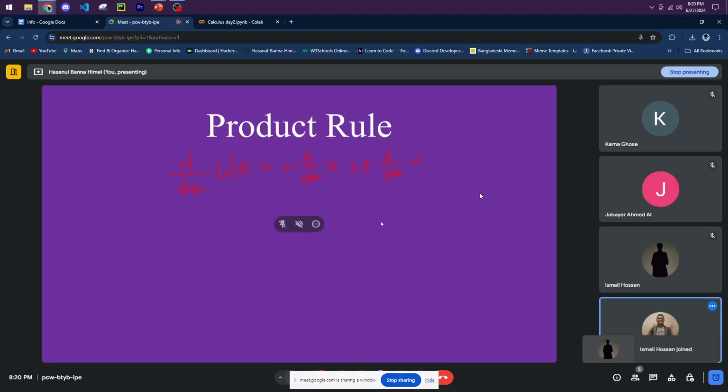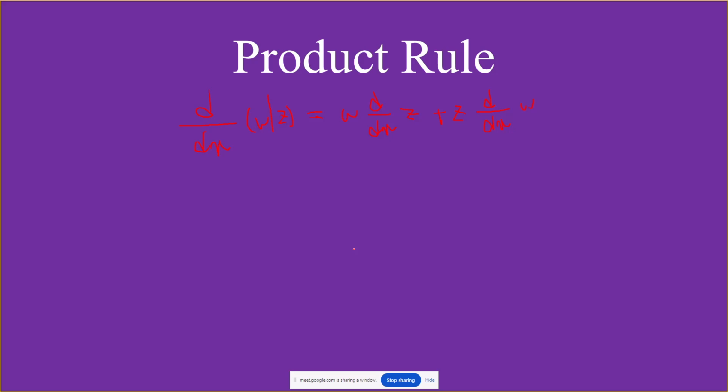So what will be our example, or how can we do that? Let's assume our w is 6x cubed, and our z is 7x to the power 4. Let me do the differentiation individually to make it easier.